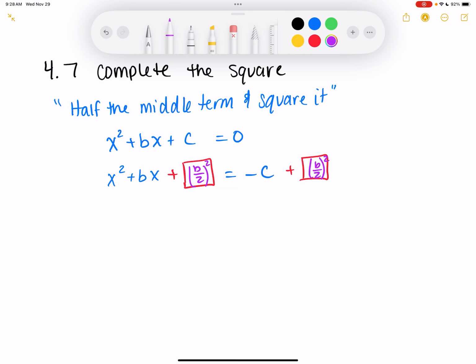It's up to you how you decide to write it on that side, whatever's easiest for you. So ultimately on this side, what I'm going for is an x plus or minus, depending on whatever the middle sign is, like we would normally do a perfect square trinomial, b over 2 squared, and then that's equal to whatever we have on this side. And then we would just solve it out to get what x equals.